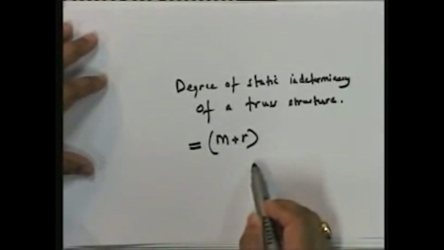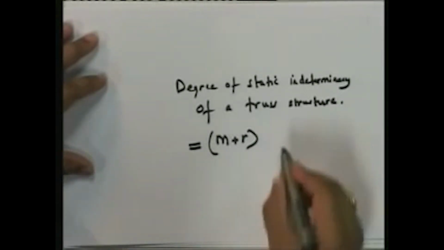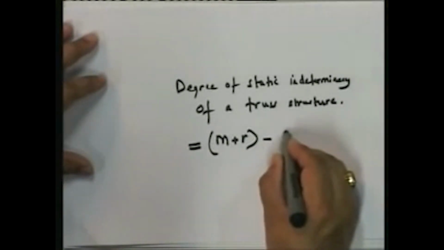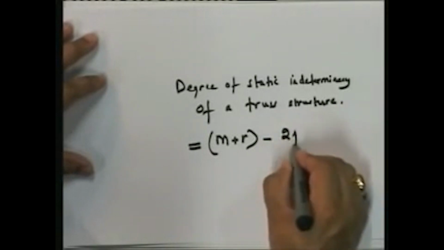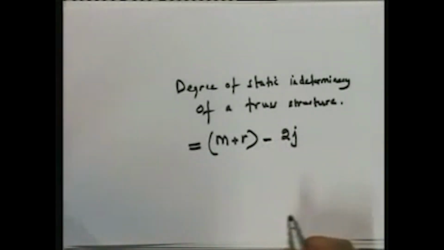M plus r are the total number of unknown forces in the structure minus the number of independent equilibrium equations, which are given by 2J. Very simple. This is the formula for determining the static indeterminacy of a truss structure, a planar truss.